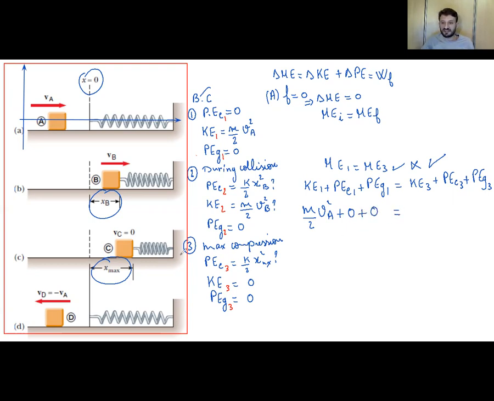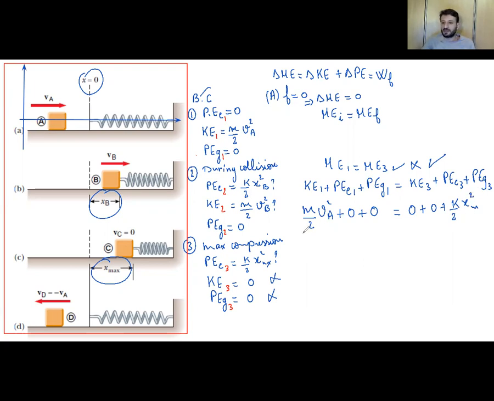In the third case, we don't have kinetic. We don't have PEG. We have only K x maximum squared. We have to calculate it.